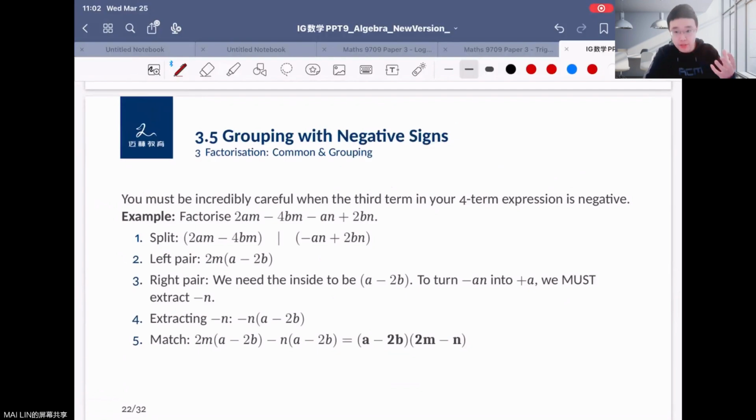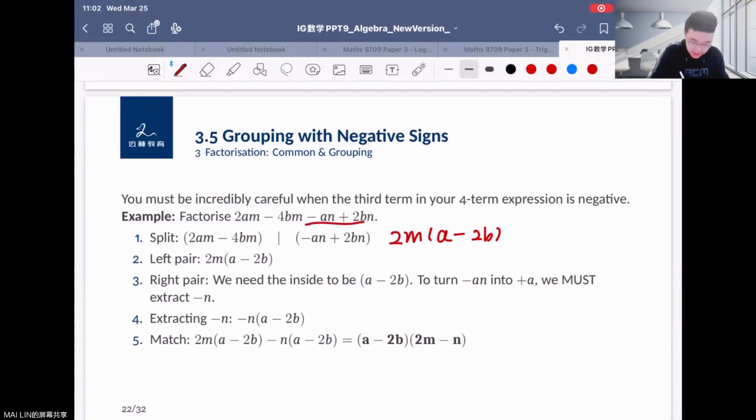If you first determine the common factor between the four terms, 2am, 4bm, 2an, and 4bn, there's no common factor other than 1, so we cannot extract anything. So here you can use the grouping method. First, make 2am and minus 4bm into a single group. Extract 2m outside, so it becomes 2m times a minus 2b.